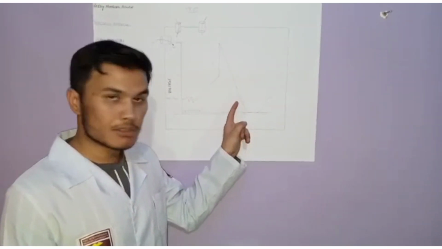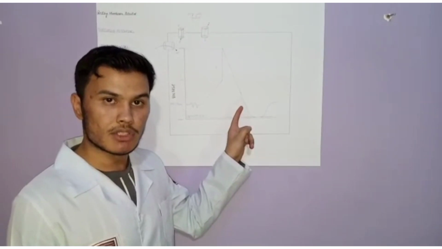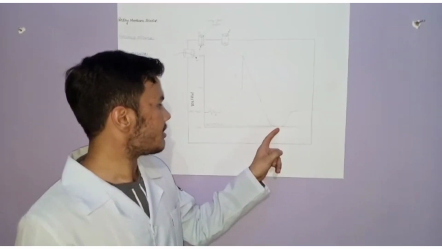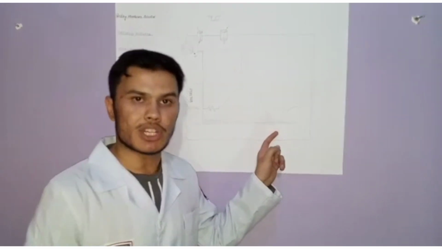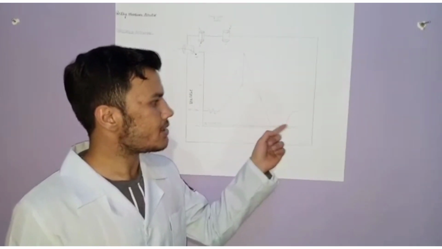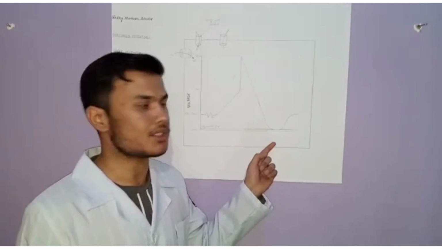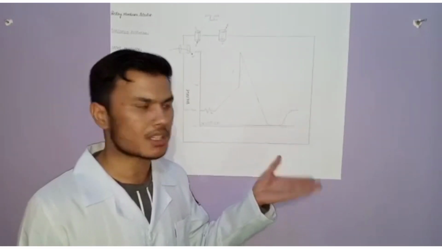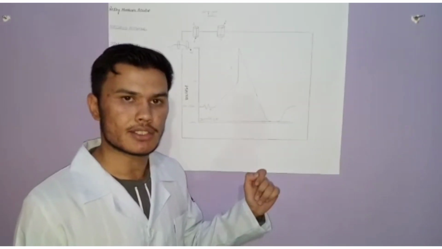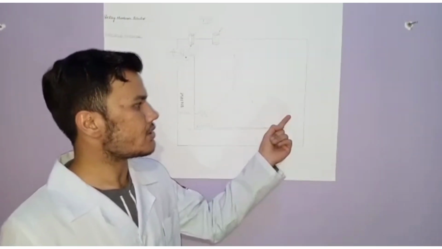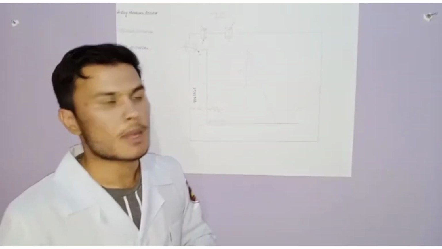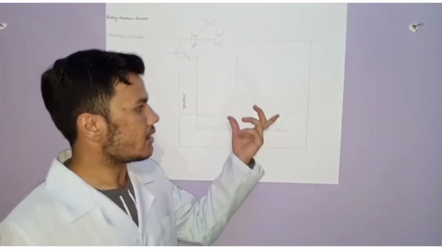When it reaches the resting membrane potential, minus 90 millivolt, it will not stop, it will go down and reach the equilibrium potential of potassium. This process is called hyperpolarization. For a short period of time this hyperpolarization occurs, and then the cell becomes stable again, reaching minus 90 millivolt, the resting membrane potential. So this is all about the skeletal cell.